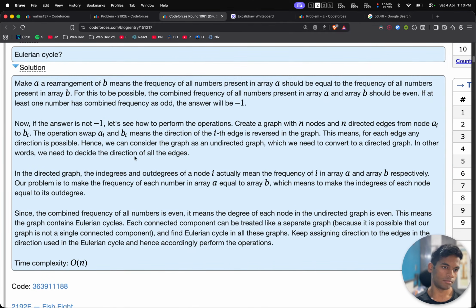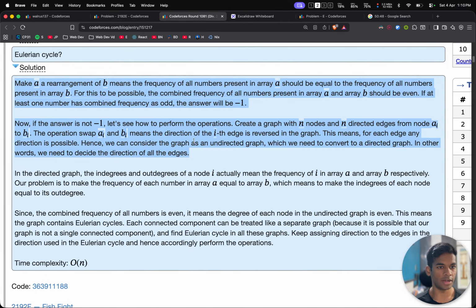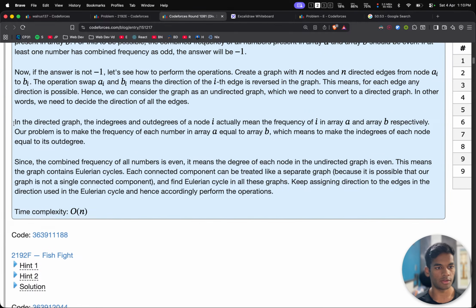Okay, still, even after reading two paragraphs, I have no idea what we are supposed to do.